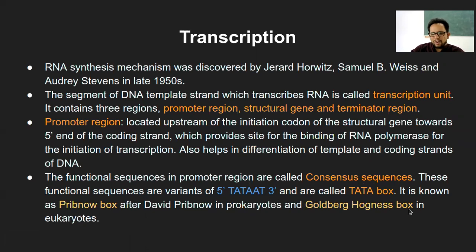But you can simply call it the TATA box for the time being. They have different names based on the name of the scientist in prokaryotes as well as in eukaryotes. So that is the TATA box within the promoter region. Most gene transcription processes are regulated by this TATA box.